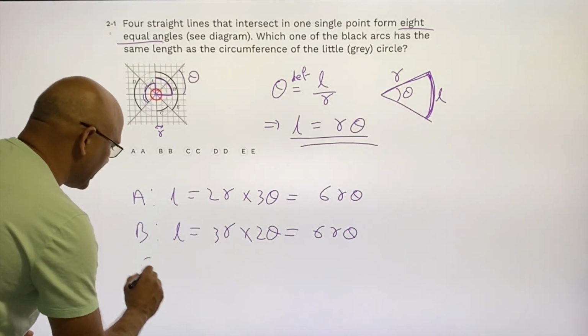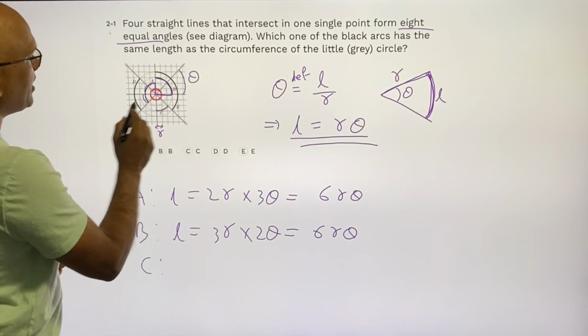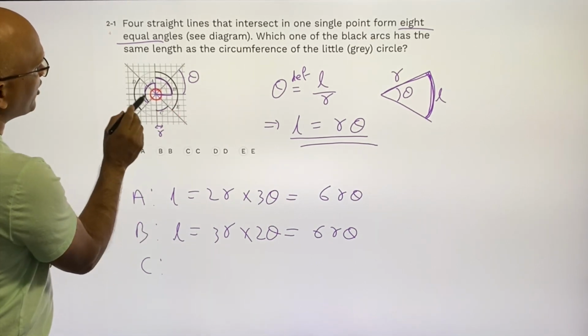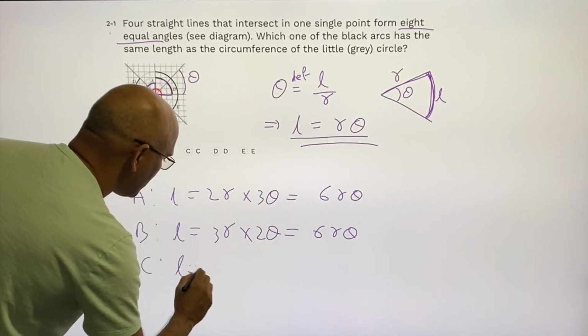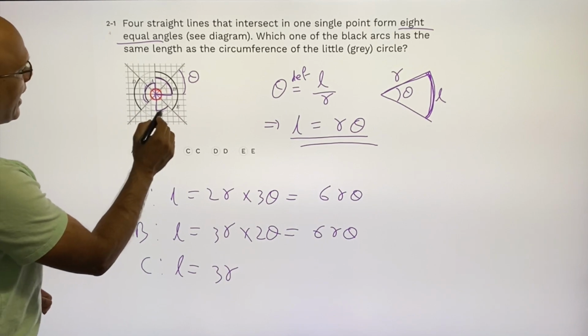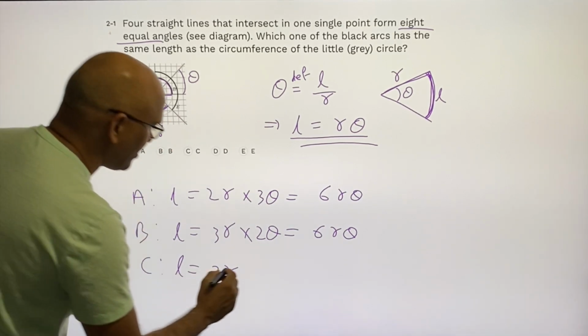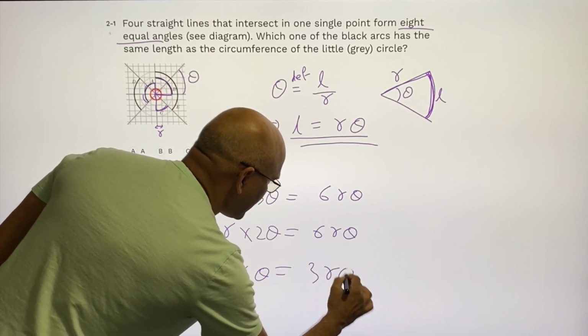Now let me check C. C is going to be this one. It has a radius of 1, 2 and 3, so a radius of 3R, and it has only 1 theta, so L is equal to 3R theta.